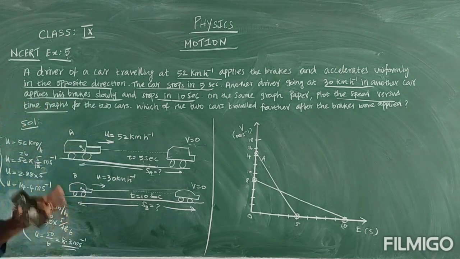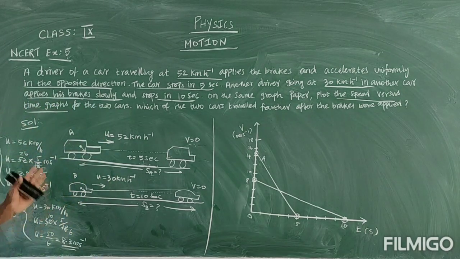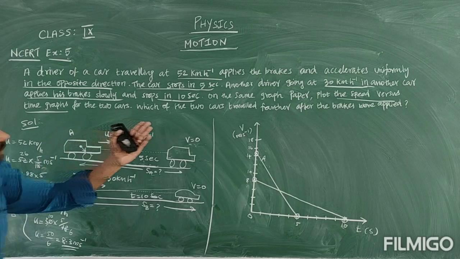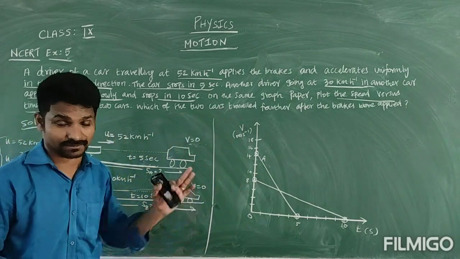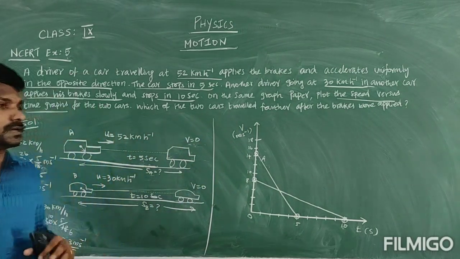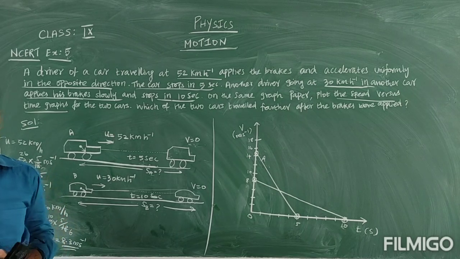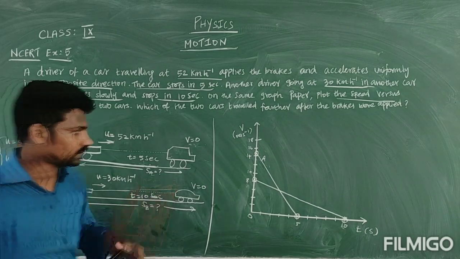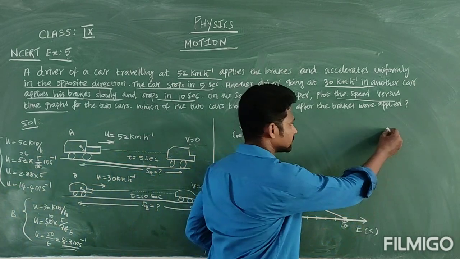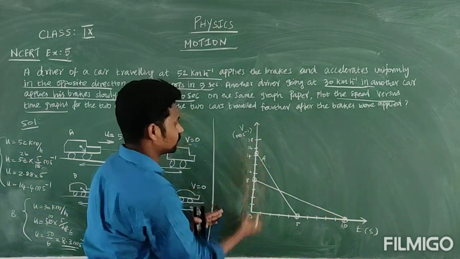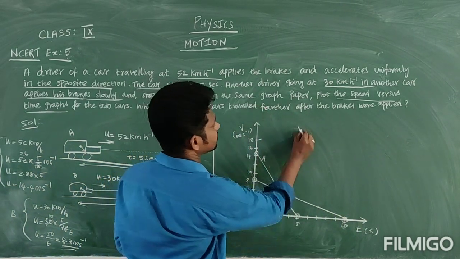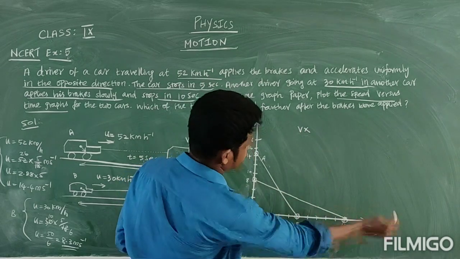By using the graph, we are going to calculate which car travels more distance after applying the brake. So now they are asking for that distance. From the graph, in the y-axis you know velocity, and the x-axis is time.